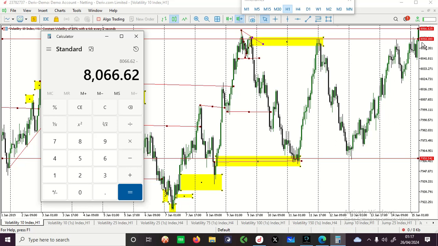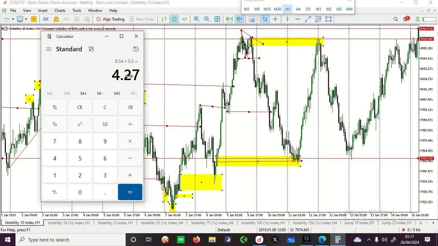Now minus the stop value. The stop value now is 8058.080. I have this 8.5, multiply it by 0.5 as the default lot size. That's 0.5. You have 4.27. That is what we lose if you lose this trade at this point.